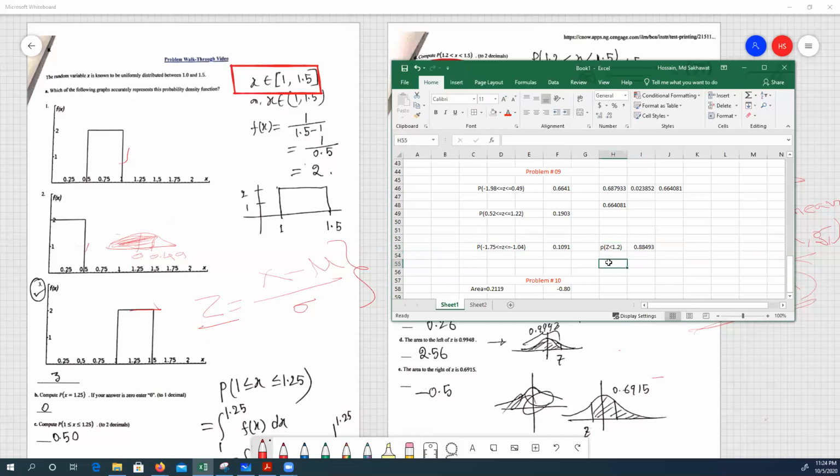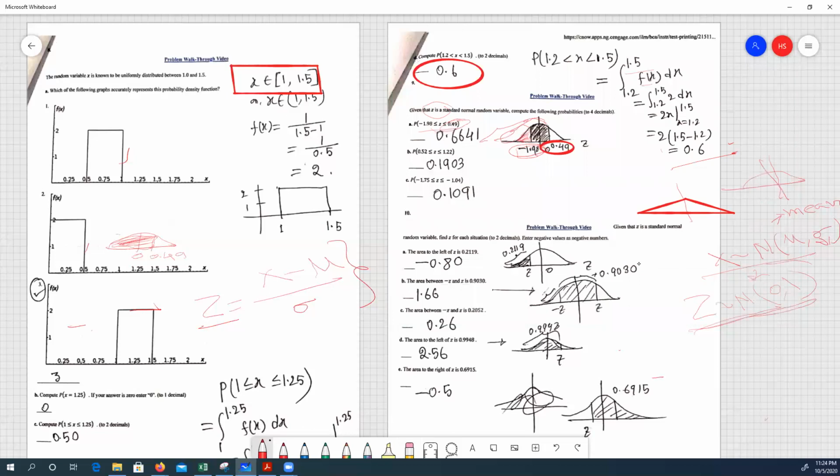But if you want to find the probability of area on the right side, that means z greater than suppose 1.2, then it will be actually okay. So I'll show you here. So first, let me explain this. This is 0.